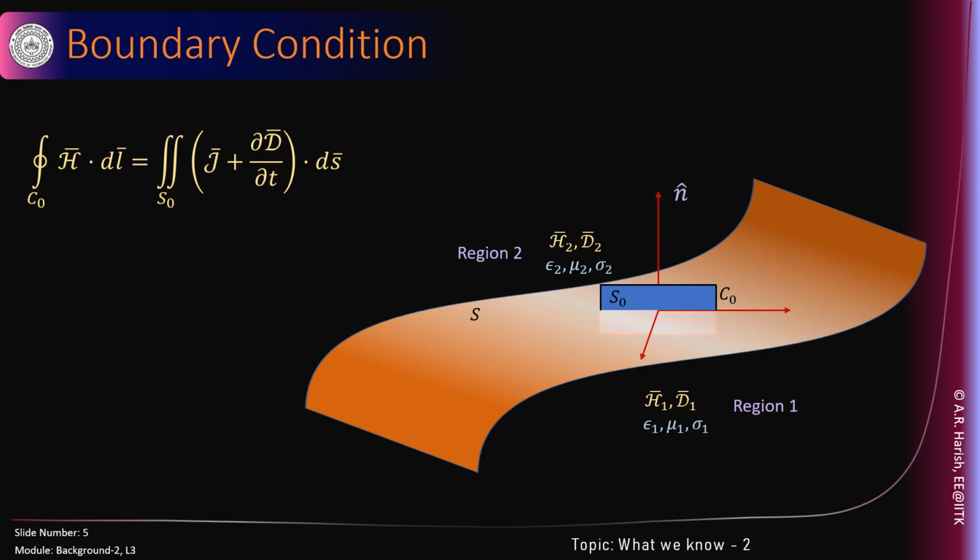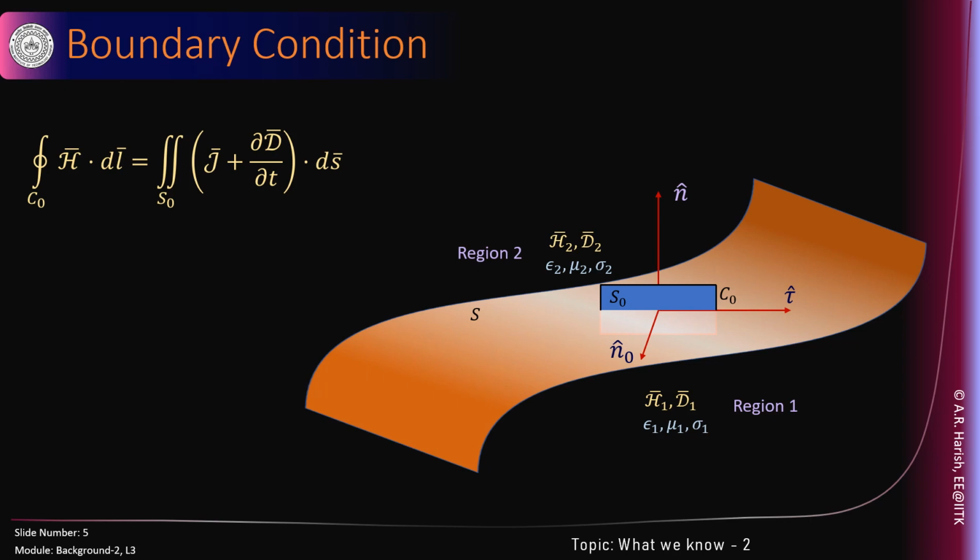N cap, normal to the surface S separating the two regions. N naught cap, normal to the rectangular region S naught. And tau cap, tangential to both the boundary S and surface S naught. Notice that N naught cap, tau cap and N cap are orthogonal to each other and form a right-handed system.